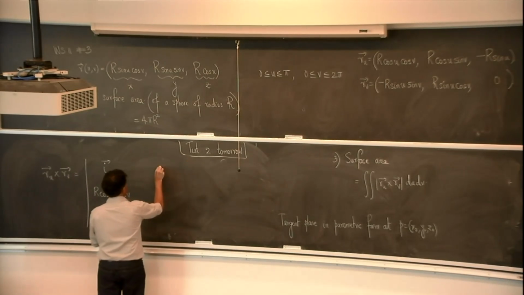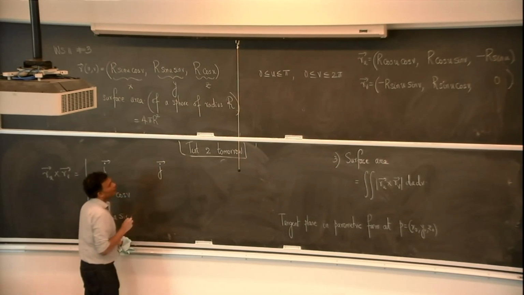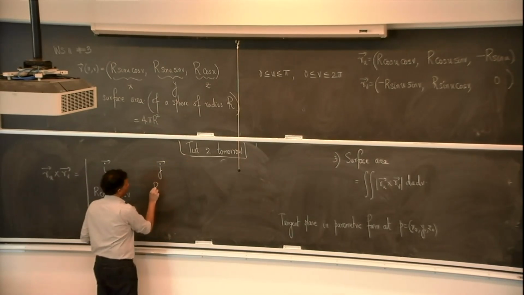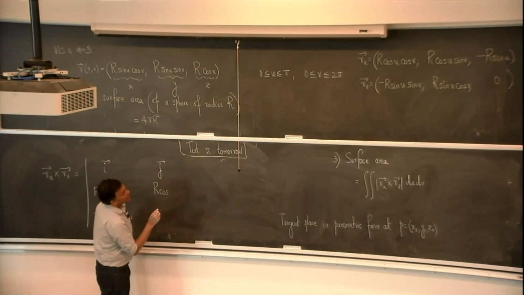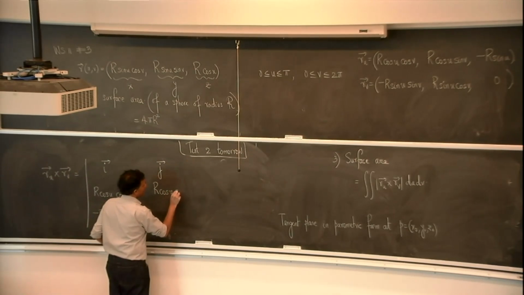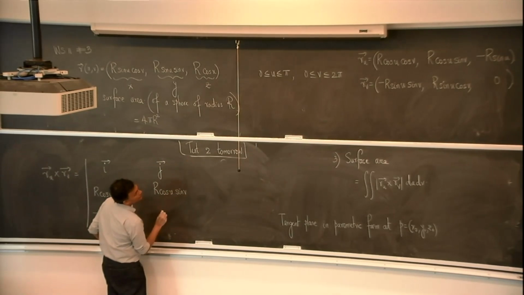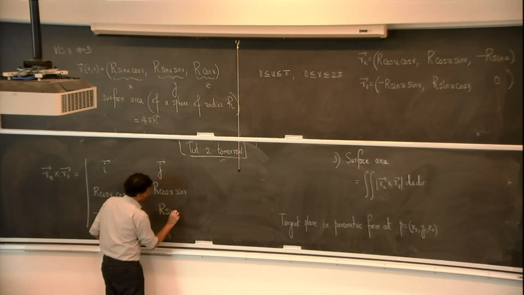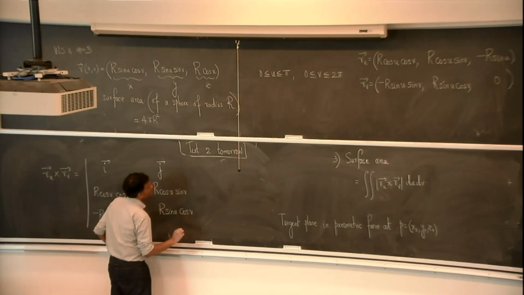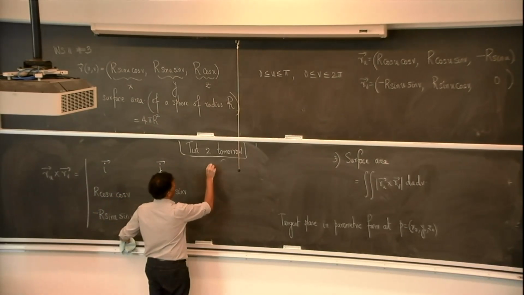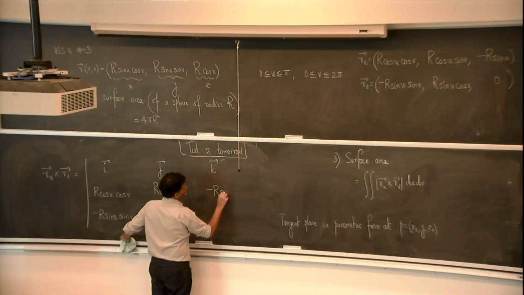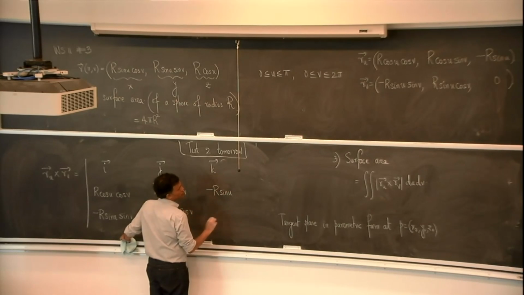The second column is j, r cosine u sine v, r sine u cosine v. And k, negative r sine u, 0.